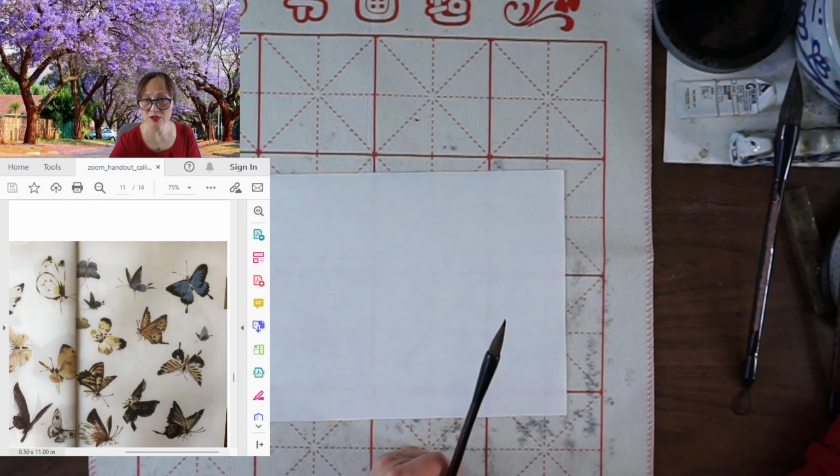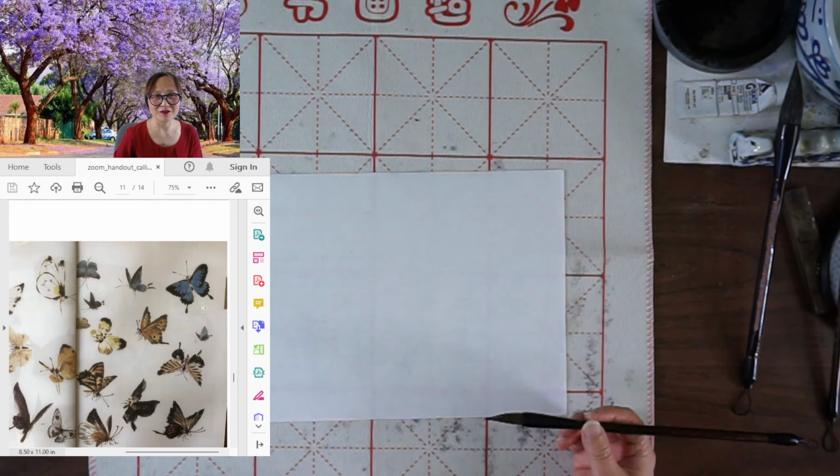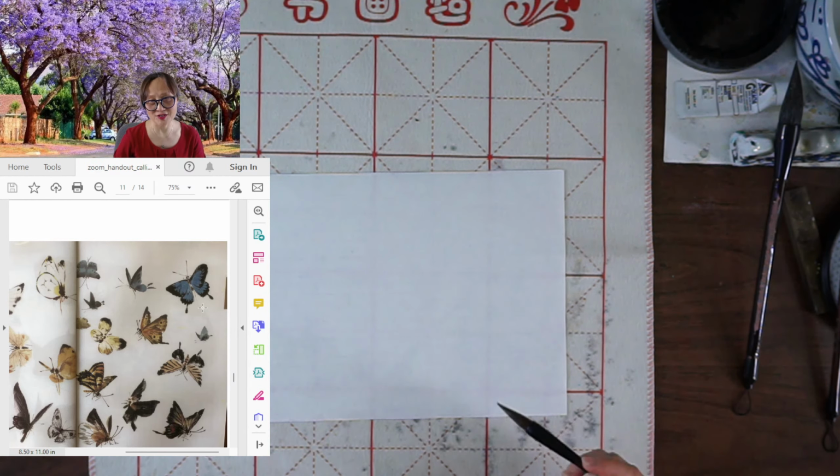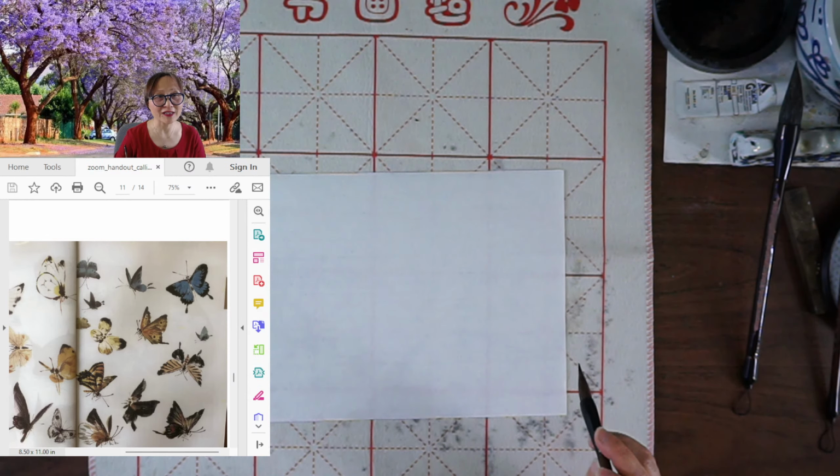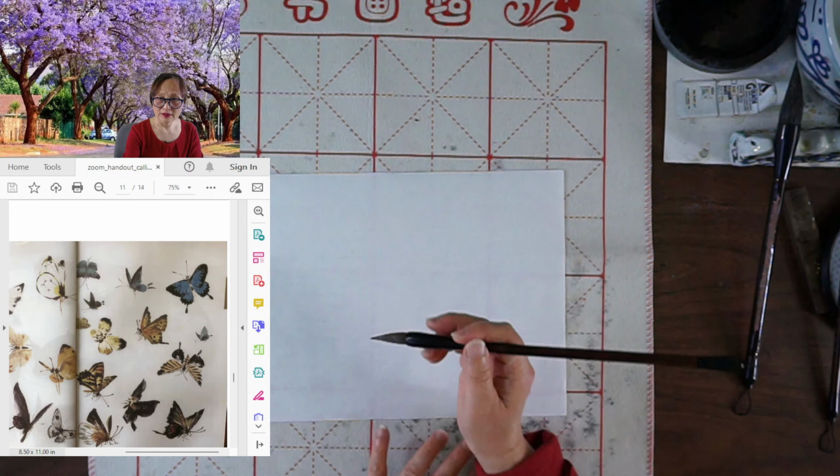I'm going to do the upper right corner one, the blue-black one, because that one looks like a full image, right? 4 pieces of wings. We learn this first, and then we do the side view one, which is easier.